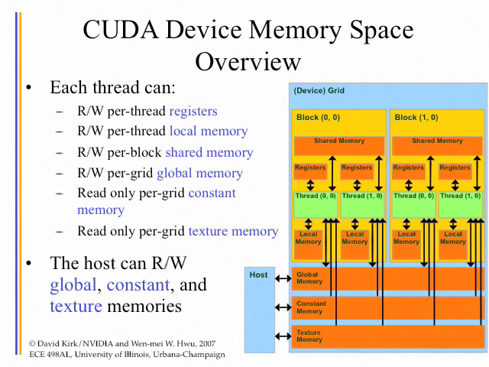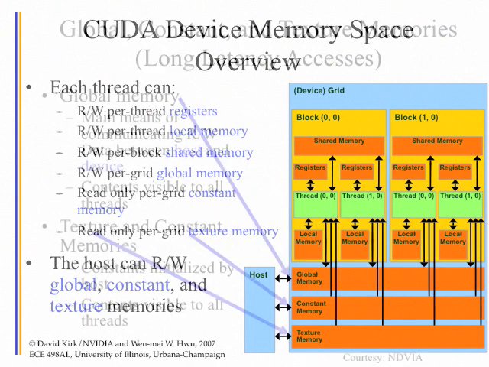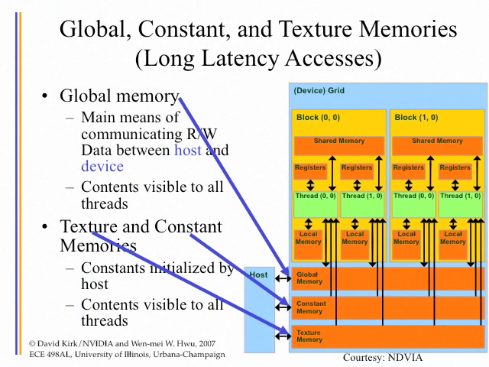And texture memory is writable, but you need to go through some kind of API, I believe, right? Basically, yeah, it's kind of painful. So basically, global memory goes here, constant memory goes here, and texture memory goes here. The hardware has caching mechanism for constant memory and texture memory. Okay, that's all you need to know for now.